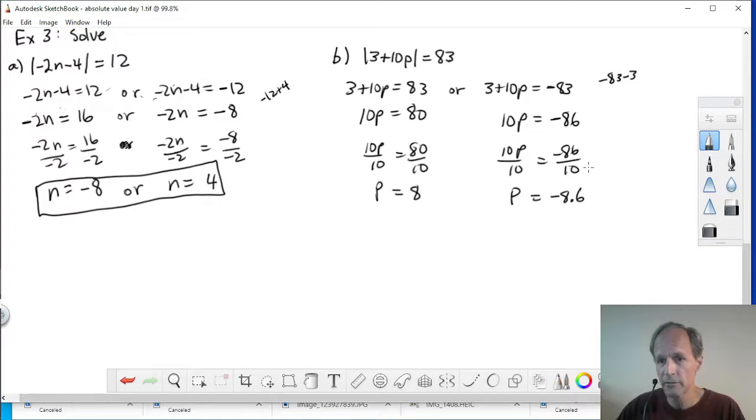You could also reduce it to lowest terms. It's a little awkward here. Not too bad. You would, let's see, 2 is the largest number that goes into both of those. So that would come out to p equals negative 43 over 5. Okay.